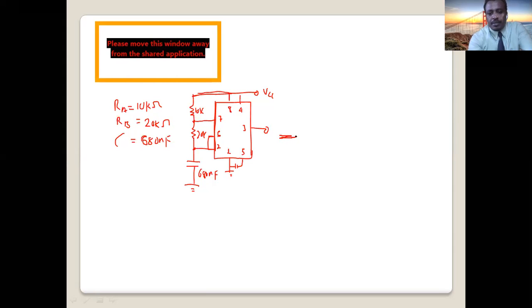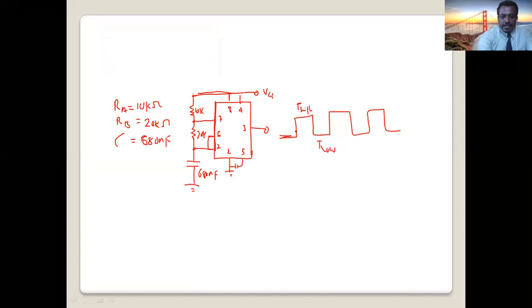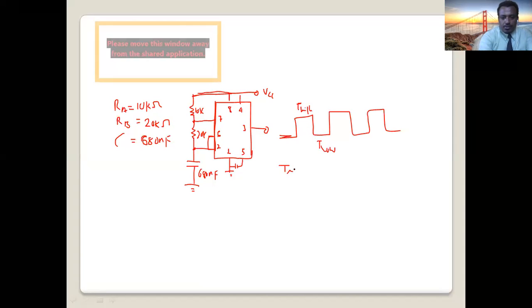What's the output of an astable multivibrator? It changes from high to low. So this is T high, and this is T low. Okay. So the question is, how much is T high in this case? What is T high from our formula?